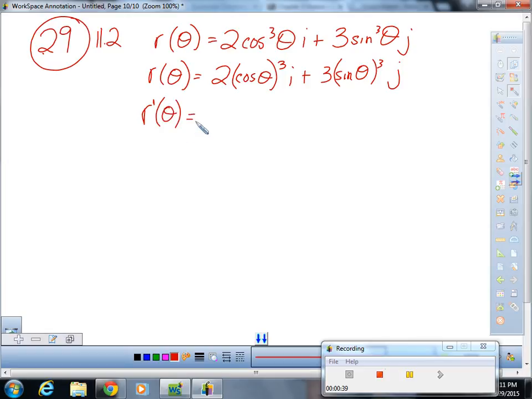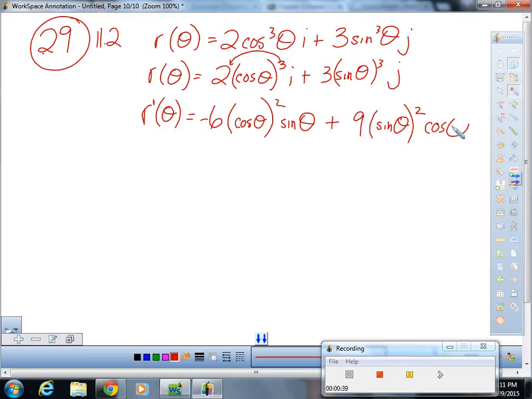Well, that's going to be 6 times what's inside, cosine of theta, squared times the derivative of what's inside, which is negative sine theta, plus 9 times what's inside, sine of theta, squared times the derivative of what's inside, which is cosine theta. Here's our i and our j.